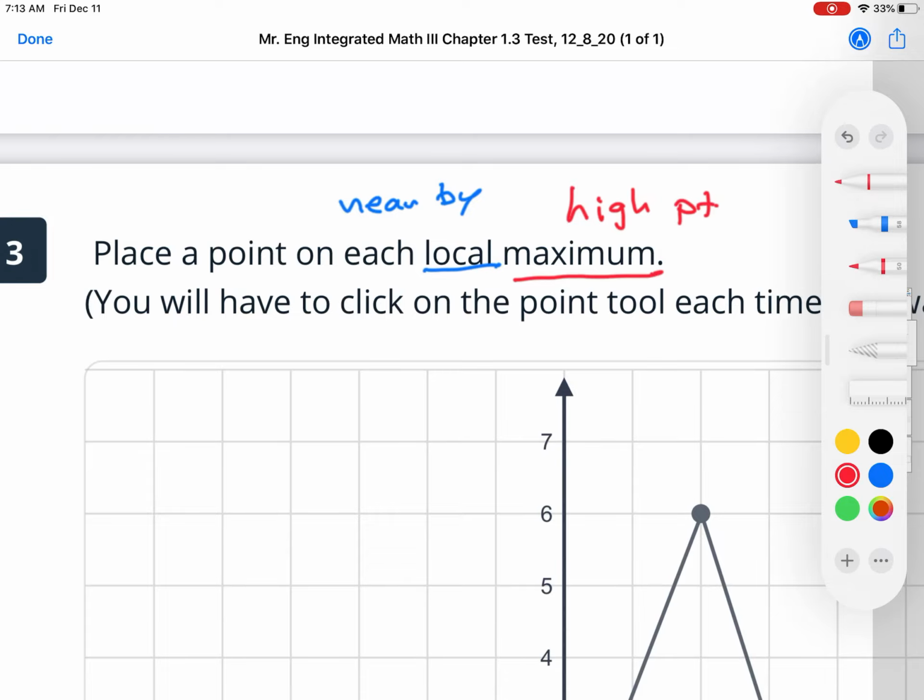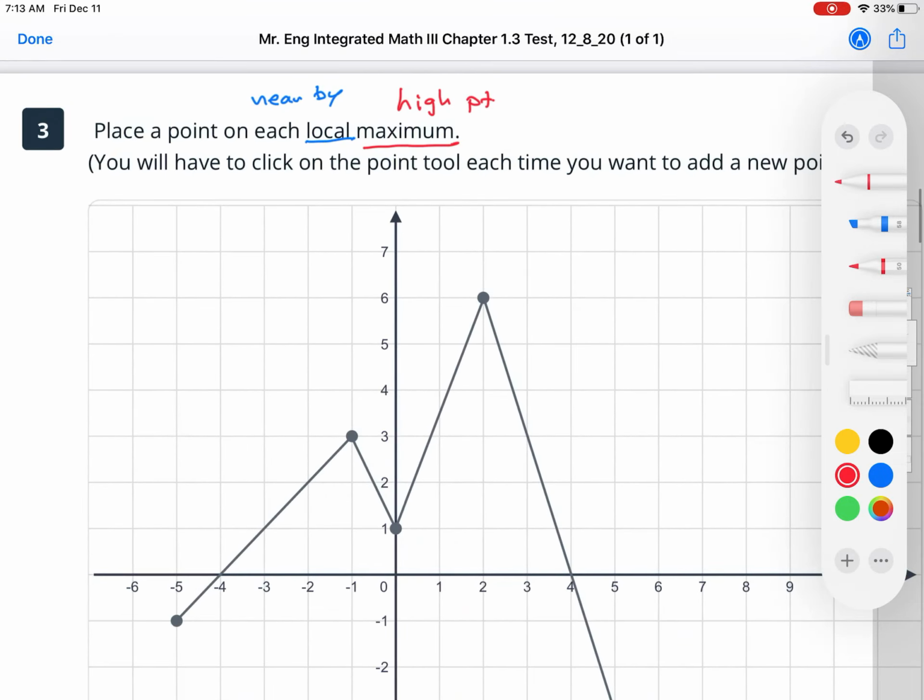Now, some students are getting confused on this part, like, okay, what happens if I consider this red one a local max? But some would say that this is the absolute max. Here is my explanation as to why this is both an absolute maximum and a local max.